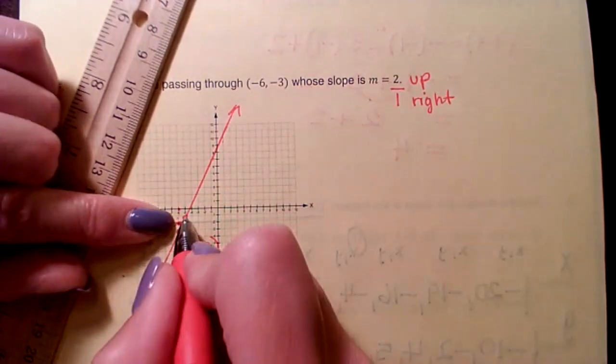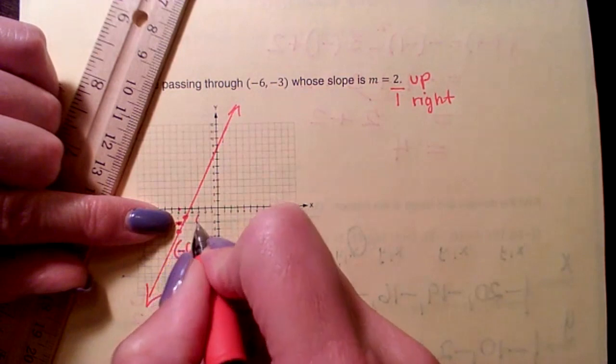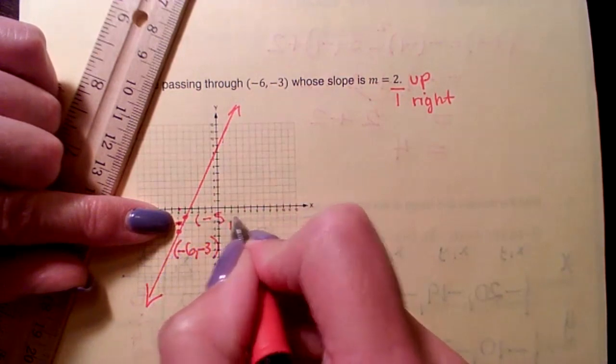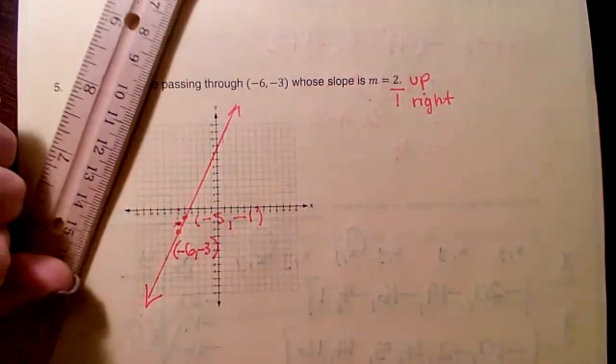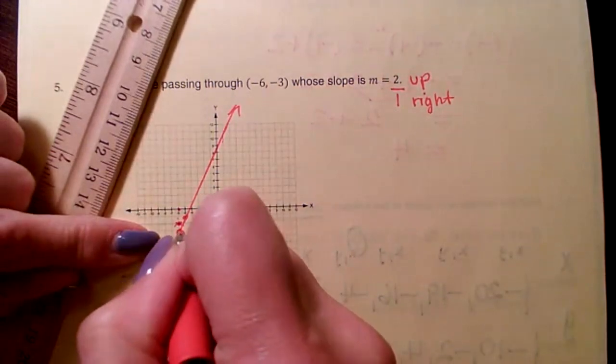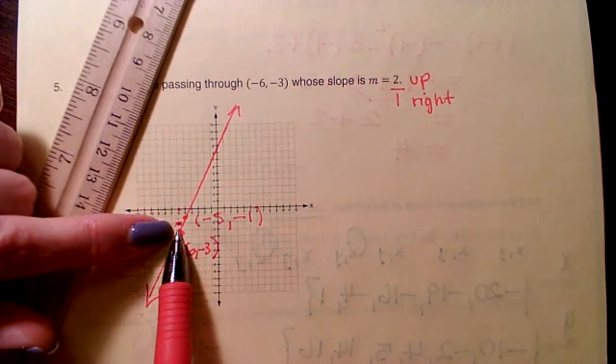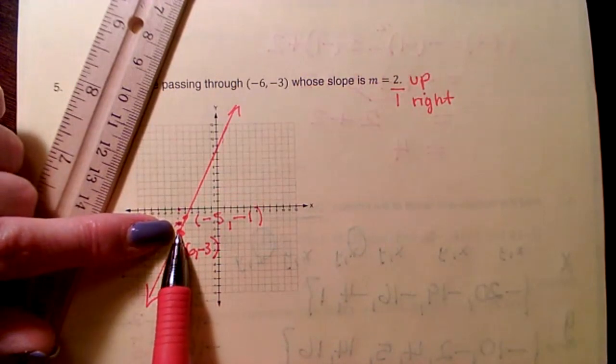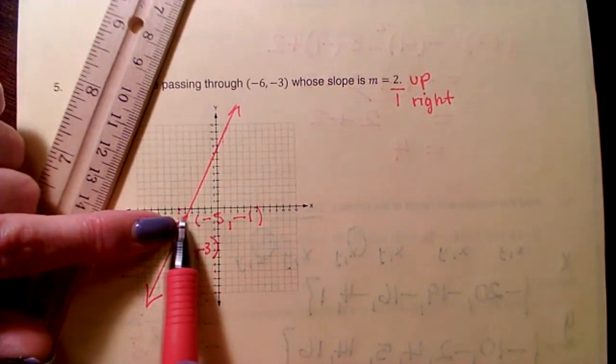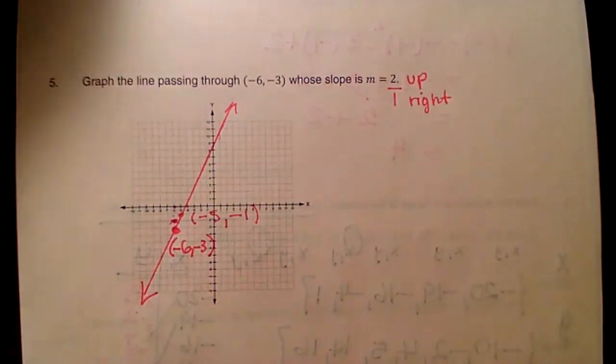And this other one is going to be negative 5, comma negative 1. But this one is the one that is the most important because that's the location. That's the one that is going to tell you where to start. From here, you're going to go up 2 and 1 to the right.